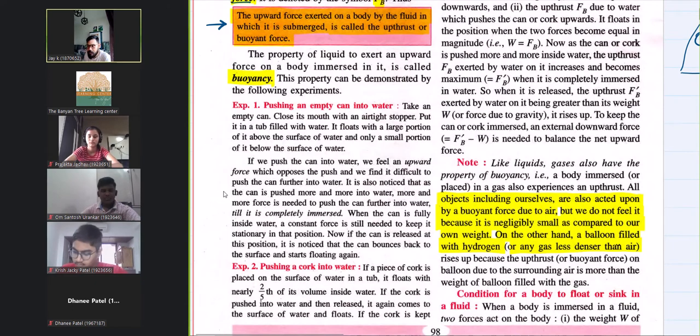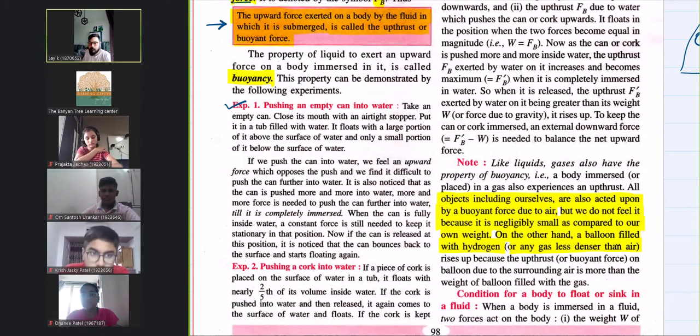The experiment which you can describe briefly is either experiment number 1, which is pushing an empty can into water. I'm sure you might have tried it. If you push an empty can in water, it cannot submerge easily. You have to exert force on it because its tendency is to float.